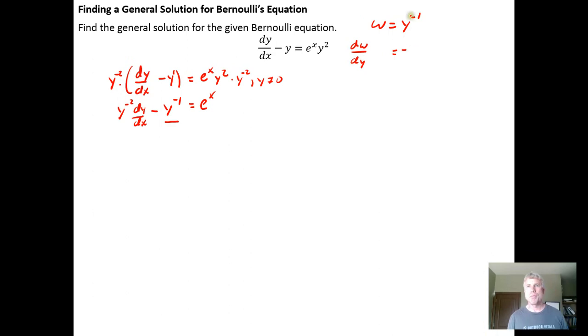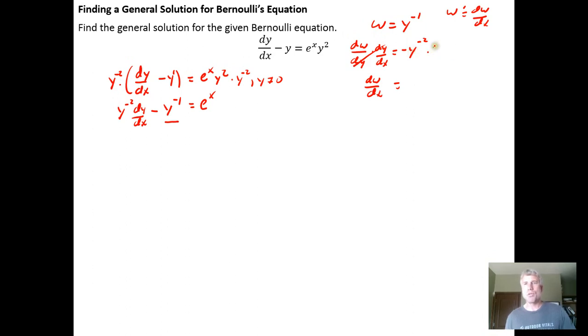So the derivative with respect to y on this side is going to be the opposite of y to the -2. And what we need to know is what w prime, which equals dw/dx, is, since we're going to linearize this in terms of w. So I need to take the derivative dw/dy times dy/dx. That product equals dw/dx. So I need to take the derivative of y with respect to x.